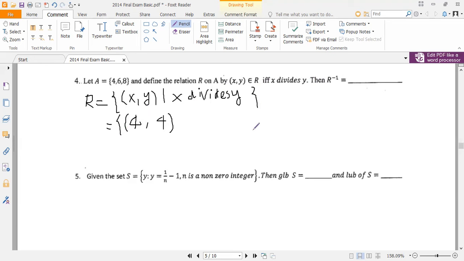And the other one, 6 divides 6, clearly.